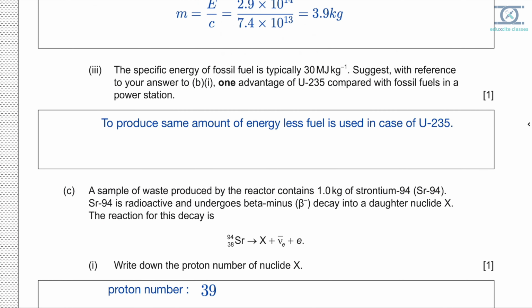So if we compare with the fossil fuel, to produce the same amount of energy, less fuel is used in case of uranium-235. Or you can say in other terms, a small amount of uranium-235 produces a large amount of energy as compared to fossil fuels. Either way is right.